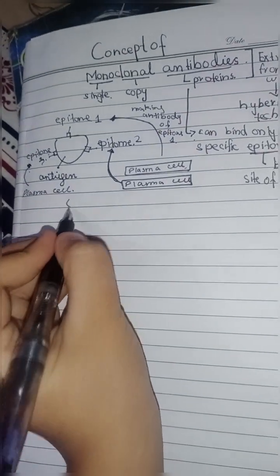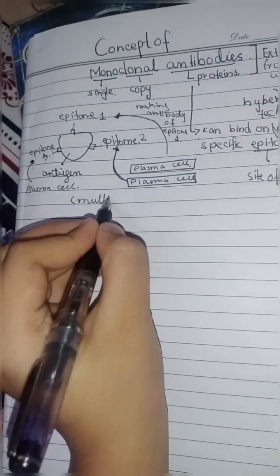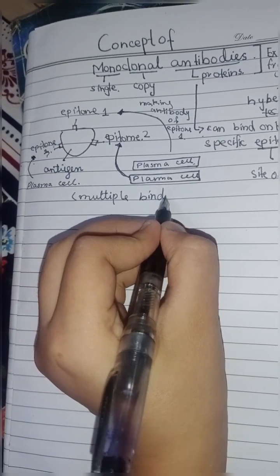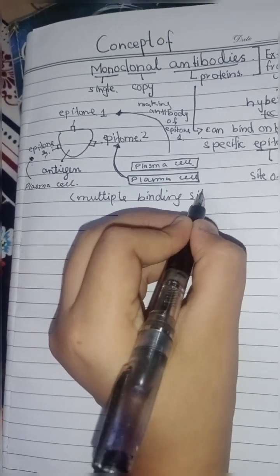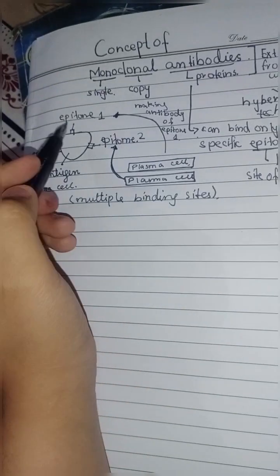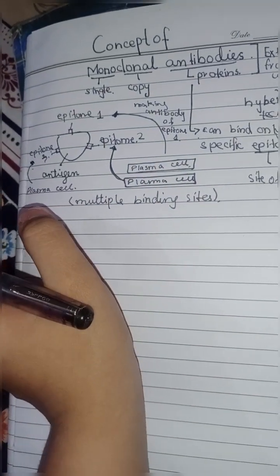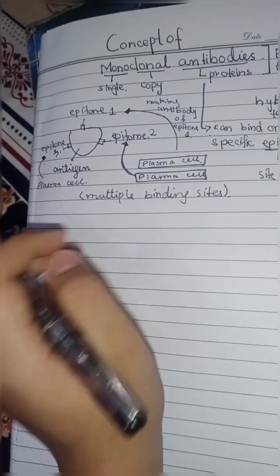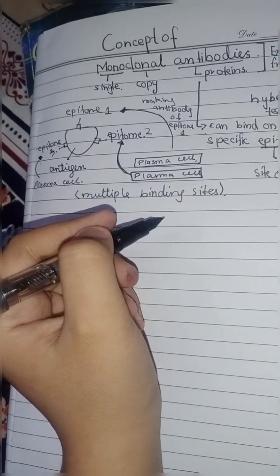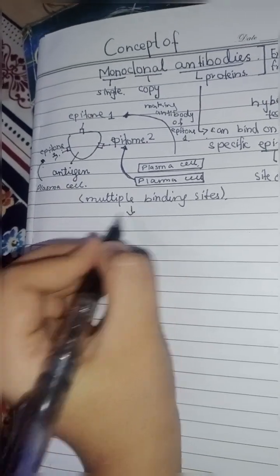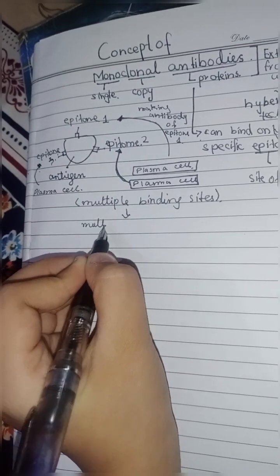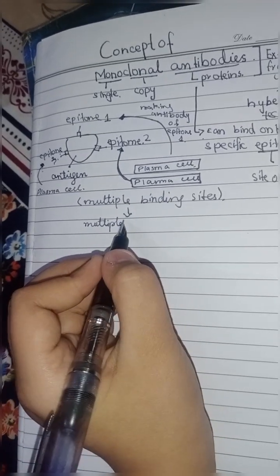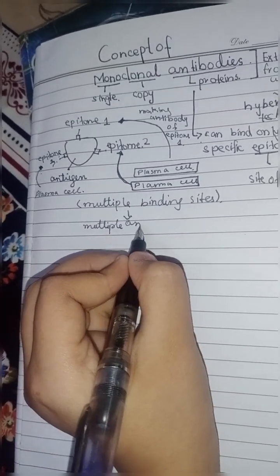So here we have multiple binding sites: 1, 2, 3. As we have multiple binding sites, multiple antibodies are made.